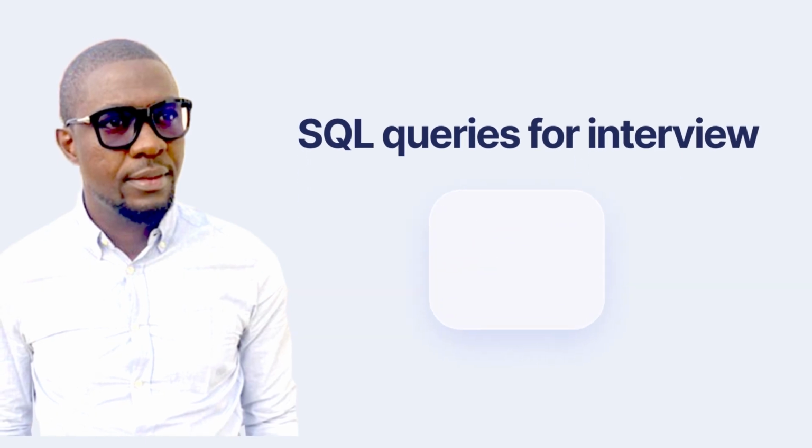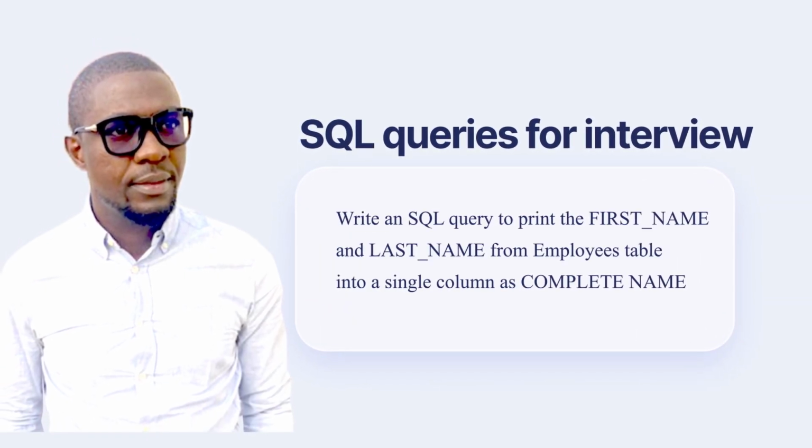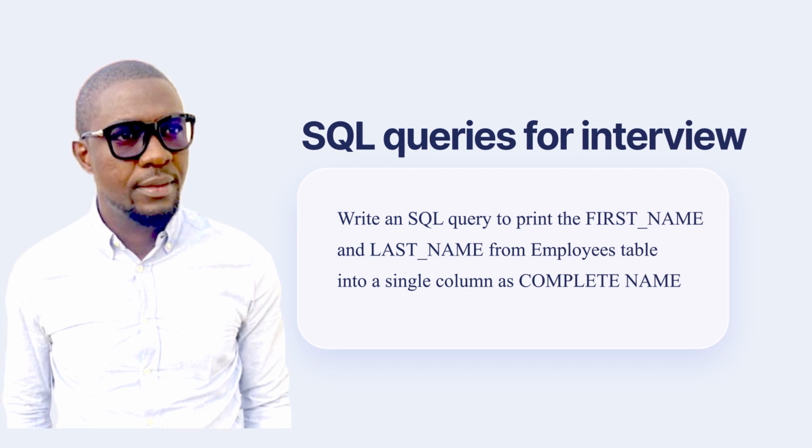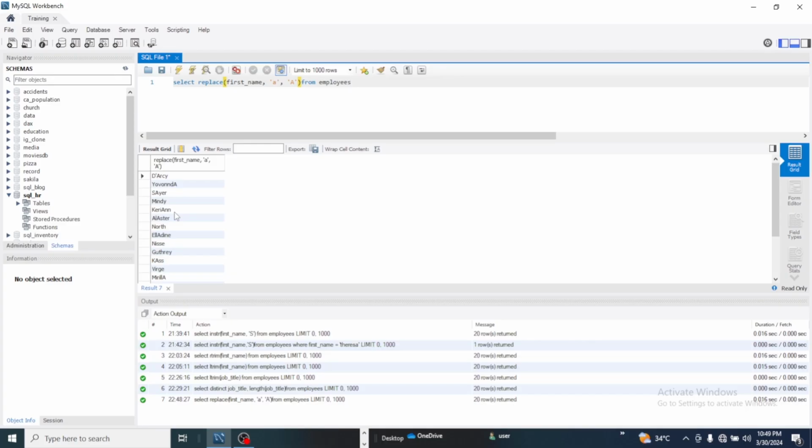Write an SQL query to print the first name and last name from employee table with a single column, complete name. So what this means is we have to join the first name and the last name together in a column called complete name. Now to do that, we have to use concatenate, the abbreviation concat, which is to join two values together.